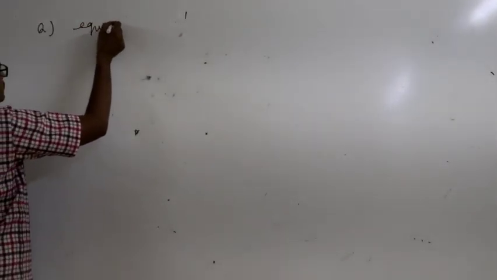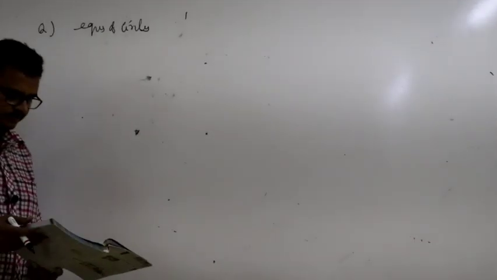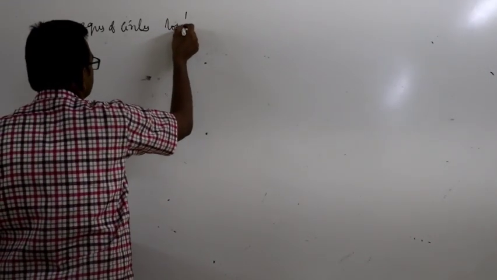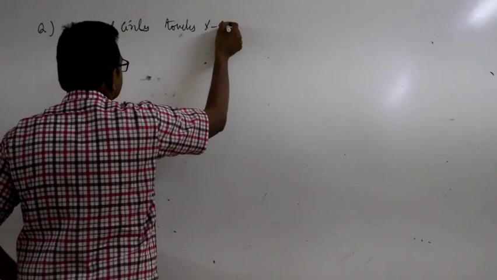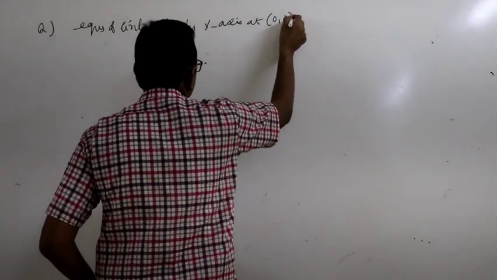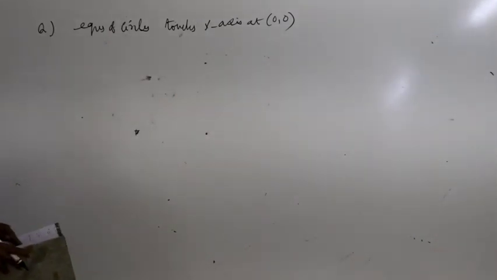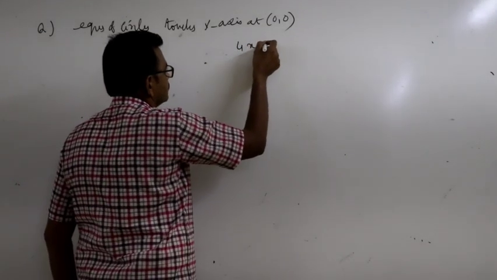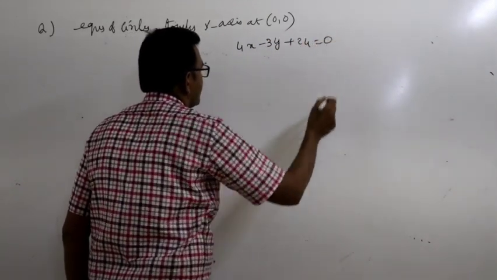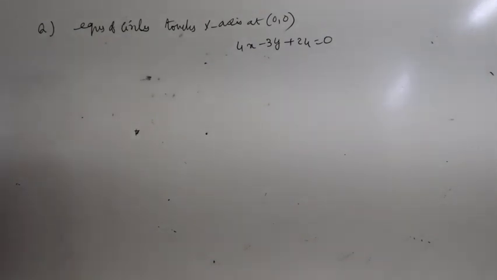Next problem. The equations of circles which touch the x-axis at 0, 0 and also touch the line 4x minus 3y plus 24 equal to 0.